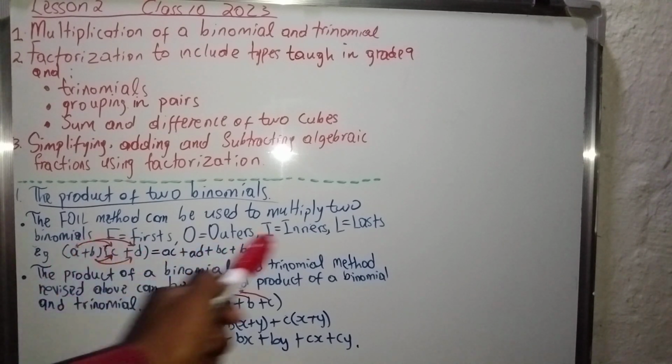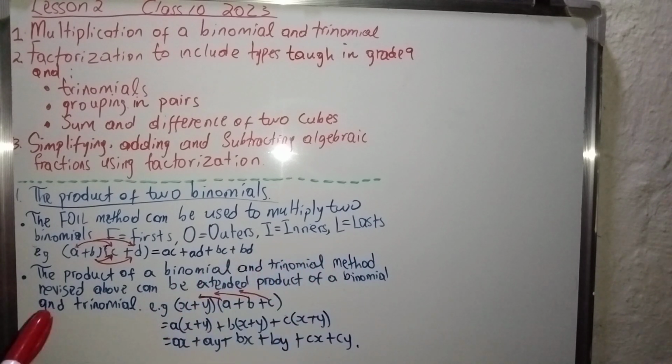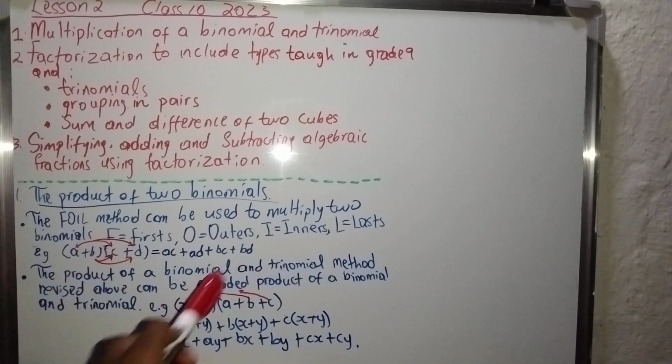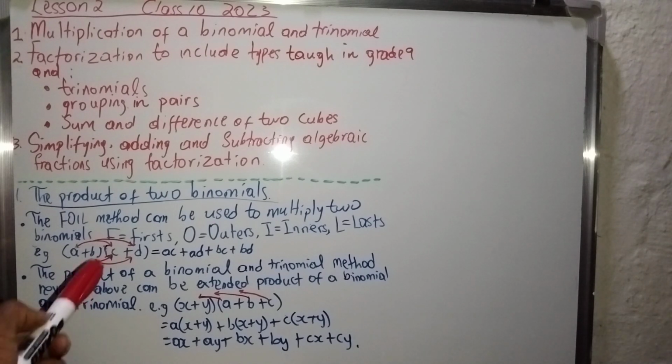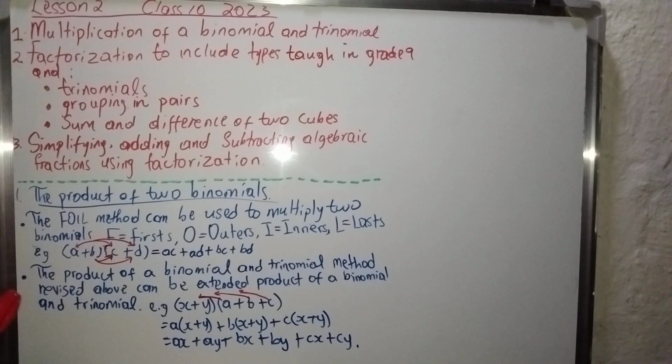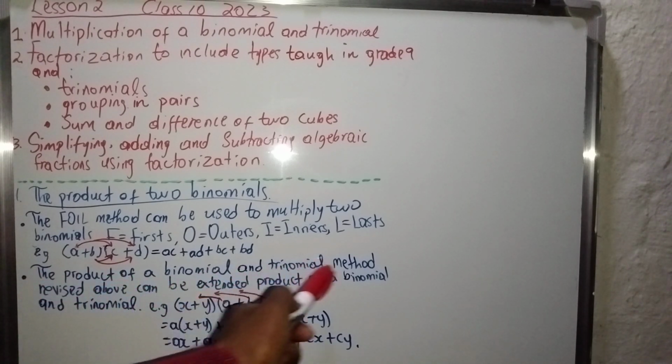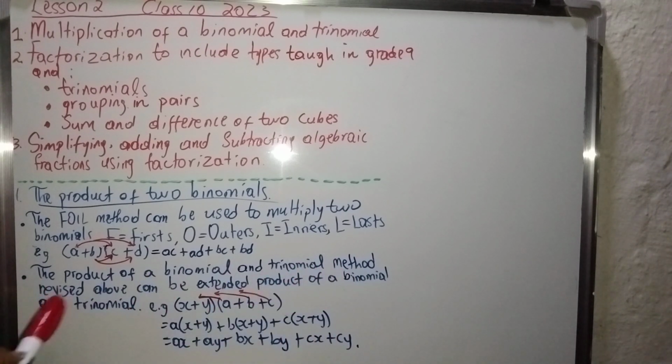And we also look at last, which is B times D, which is BD. So this is how we use the method known as the FOIL method.